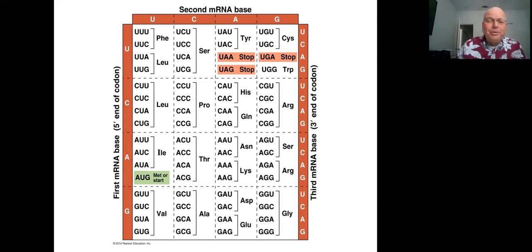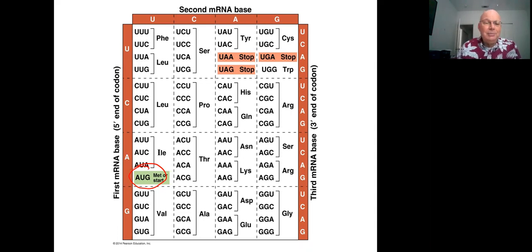So we need to be able to recognize too, in a sequence of nucleotides, where the information begins, what represents the beginning of the gene. So there is a single codon, and you can see it represented here, the AUG codon, which is referred to as the start codon. This is recognized as the beginning of the genetic sequence. This essentially is the flag that says this is where the gene begins. And it's really important that that be recognized as the beginning of the gene sequence.